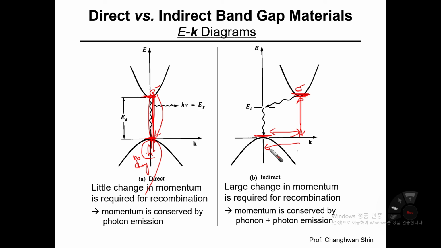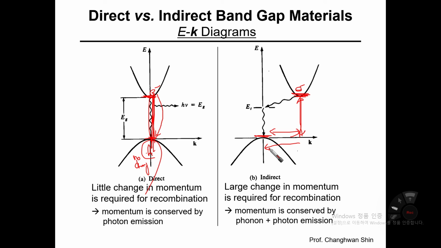But if that electron in the conduction band has lost its energy without any change in momentum, only a change in energy, then this electron is existing in a semiconductor material which is a direct bandgap material. So, direct material versus indirect material.